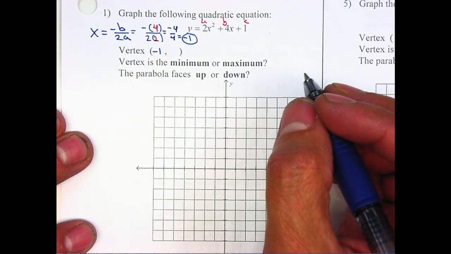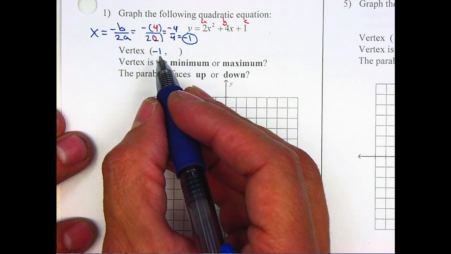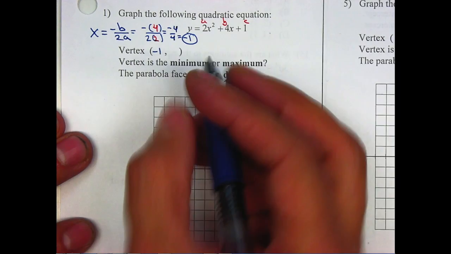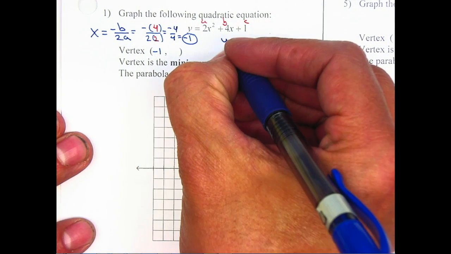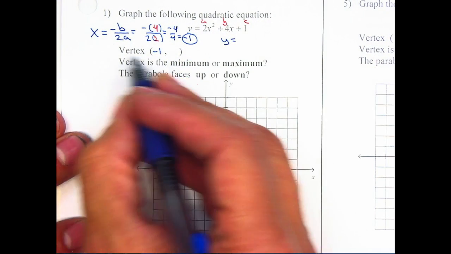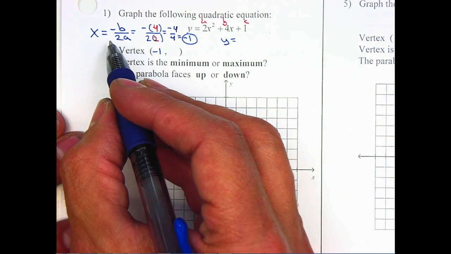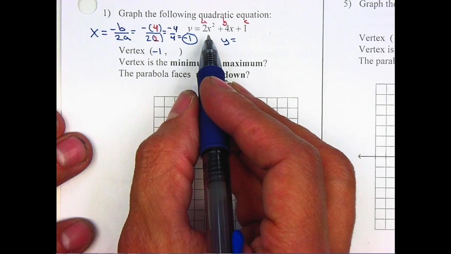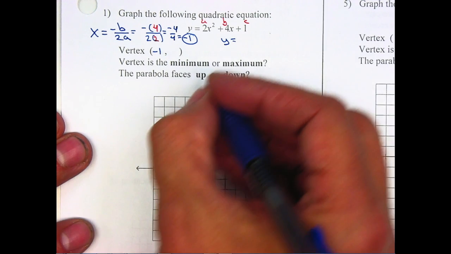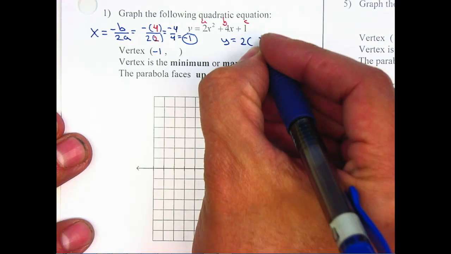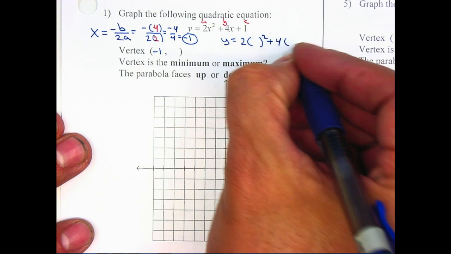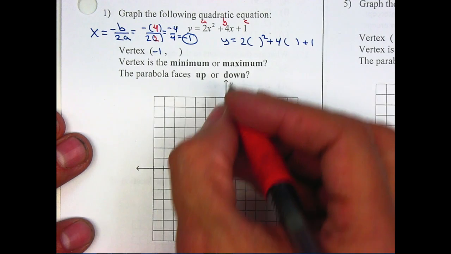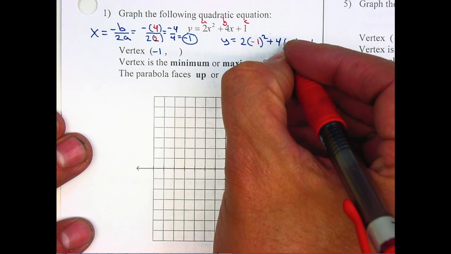To find the corresponding y value, we just need to plug in the negative 1 into the x. I found the x value by using the vertex formula. Once I find the x value, I can plug it in to find the corresponding y value. We have 2x squared plus 4x plus 1, but instead of the x will be a negative 1.